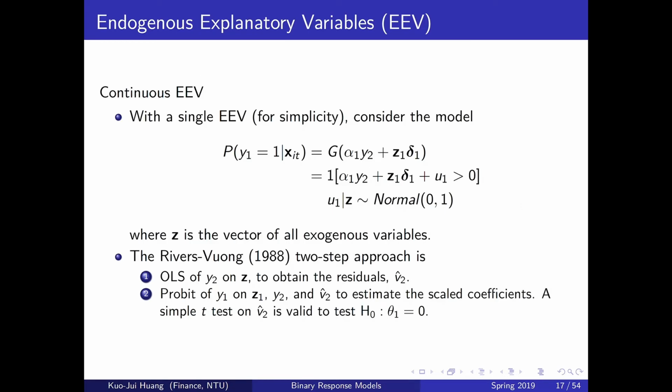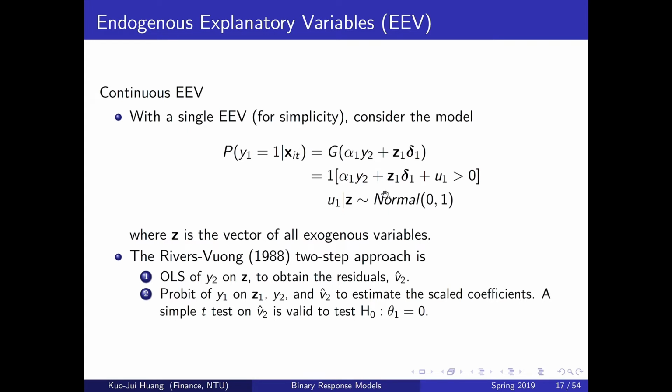If we suspect that some variables in a probit model are subject to endogeneity, how do we deal with it? Well, for this case, we have a model like this. Y2 is an endogenous variable we want to deal with. Z1 has all exogenous variables in the model. But this model can also be written as an indicator function of alpha 1 y2 plus z1 delta 1 plus u1.